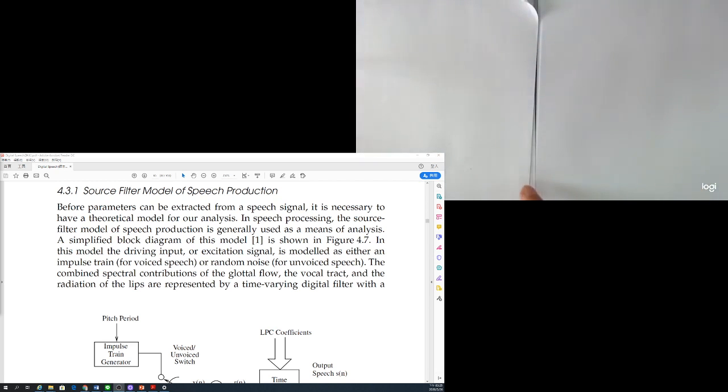So please do not forget to upload your homework one to eCourse. You have to upload your homework one presentation file, just the presentation file.